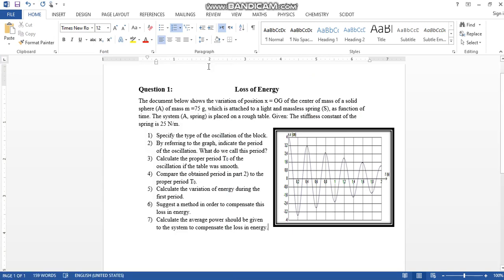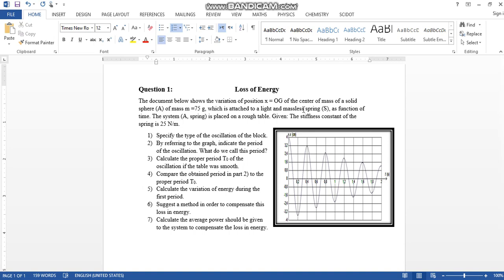Now we are going to solve this exercise. The document below is a graph that studies the variation of x as a function of time. It shows the variation of x of the center of mass of the solid sphere A, of mass 75 grams, which is attached to a light, massless spring S. The system A-spring is placed on a rough table.